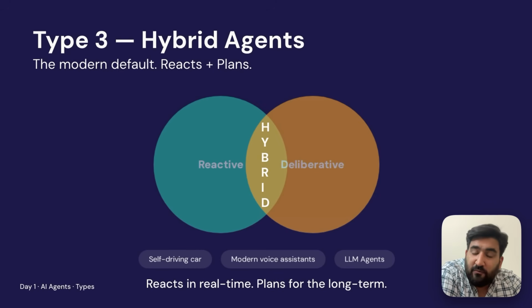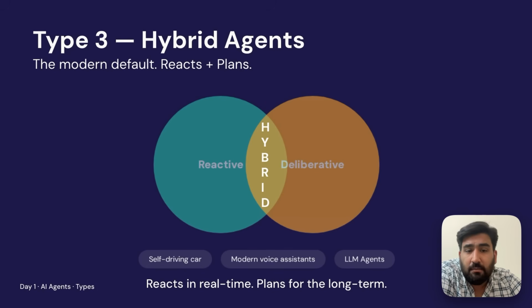Like which route should I plan, how should I go, with all the lane changes, the turns, the highway exits, they think through it. But then there are reactive layers that decide whether to take a turn right now, whether to brake, and so on. Modern voice assistants like Siri are a hybrid too, as are LLM powered agents.